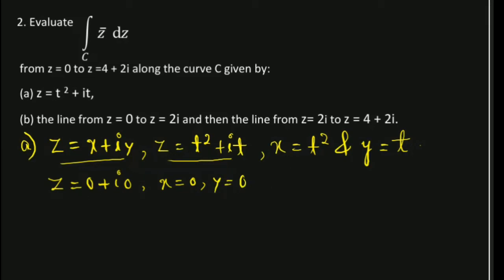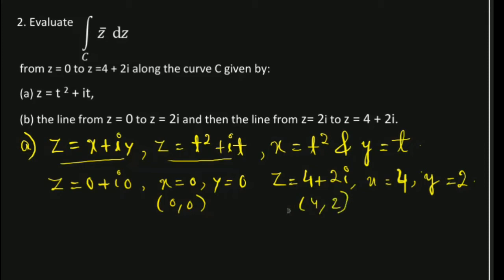Then z equal to 4 plus 2i means x is equal to 4 and y is equal to 2. So here the point is (0, 0) and here the point is (4, 2).